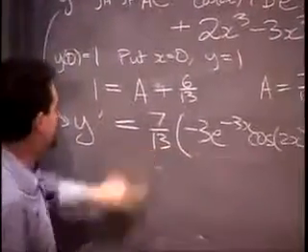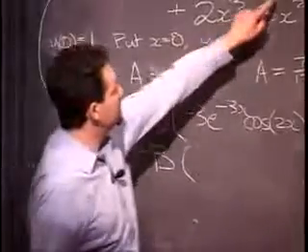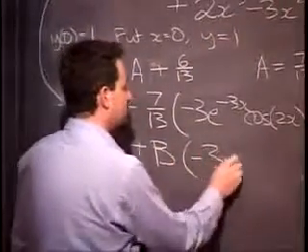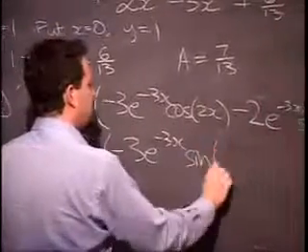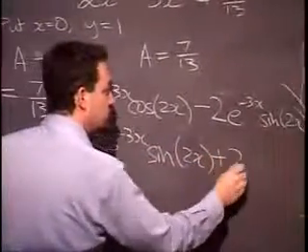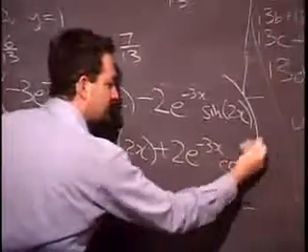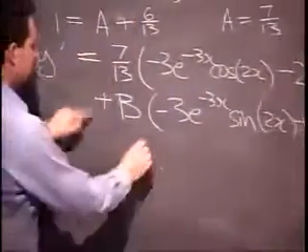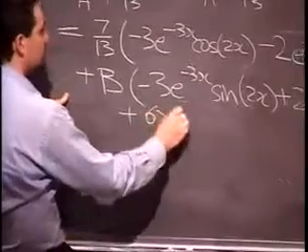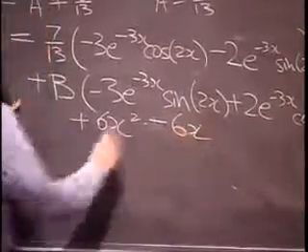All right, that's the A piece, plus the B piece is minus 3e to the minus 3x times sine 2x plus 2e to the minus 3x cosine 2x. And that's the B piece. And now I have to differentiate the rest. Plus 6x squared minus 6x, and then the other piece goes away.